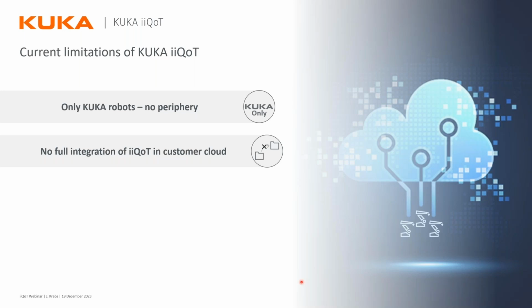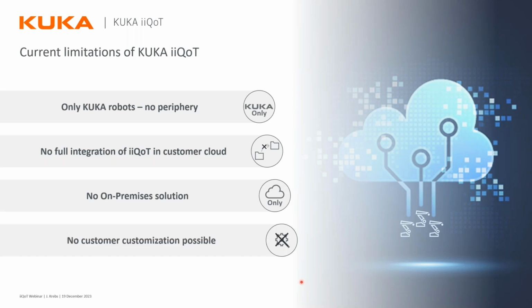There might be some exceptions, but overall the baseline is no full integration. We will offer no on-premise solution, and customer customization is not possible. There's some minor stuff we will offer you on the product side itself, but there's no adjustment or enhancement on your part.